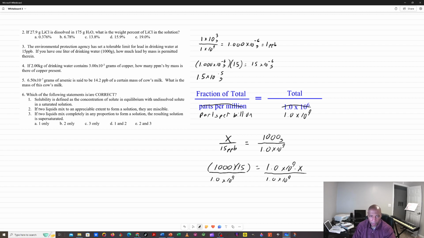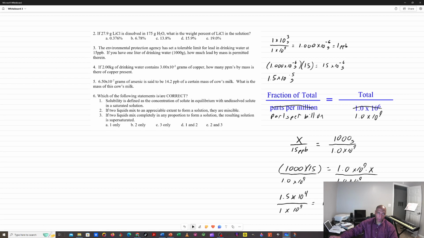So 1,000 times 15 is of course 15,000, and 15,000 is 1.5 times 10 to the 4, divided by 1 times 10 to the 9. That's going to equal 1.5 times 10 to the 4 minus 9, which is negative 5. Negative 5 grams, which is X. So yeah, if you use the rubric, you're going to get the exact same thing. But like I said, I would prefer it if you guys try to think your way through this.